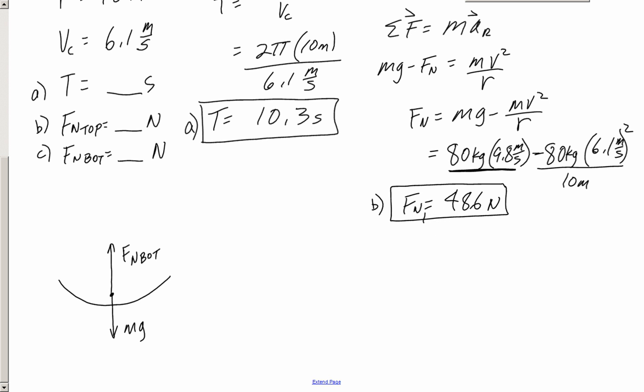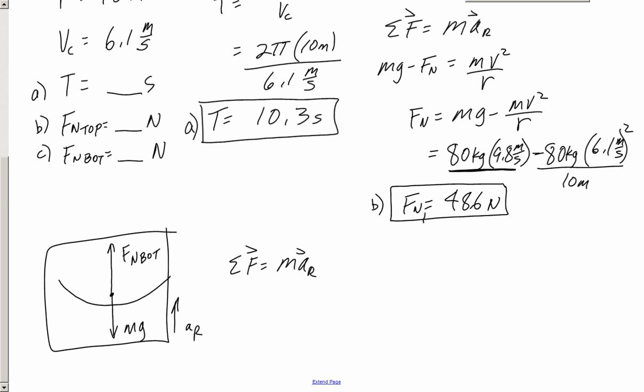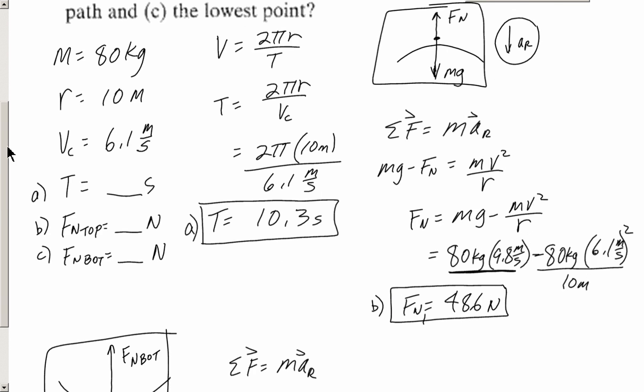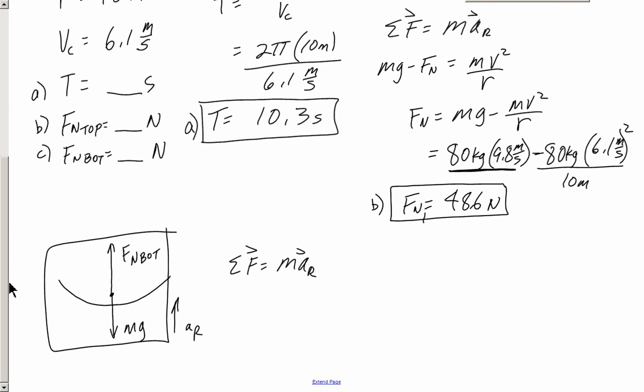Okay, so we do the same thing we did before. Sum of the forces equals m a radial. And we're going to get, because a radial is going to be in this direction. By the way, I should box these, and make sure your acceleration is on the outside of that box. So we're going to end up then with F normal at the bottom minus mg equals mv squared over r.